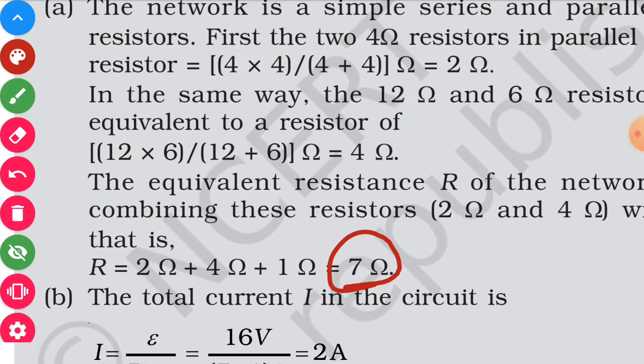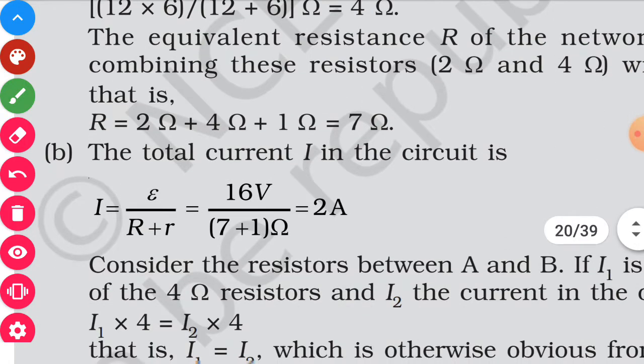Now the total current passing through this circuit we want to calculate. Again it's very easy. Ohm's law you just have to utilize. I is equal to the voltage supplied in this circuit, that is the EMF of the cell, divided by the total resistance of the circuit, because that current is going to pass through each and every resistor, and through the internal resistance also.